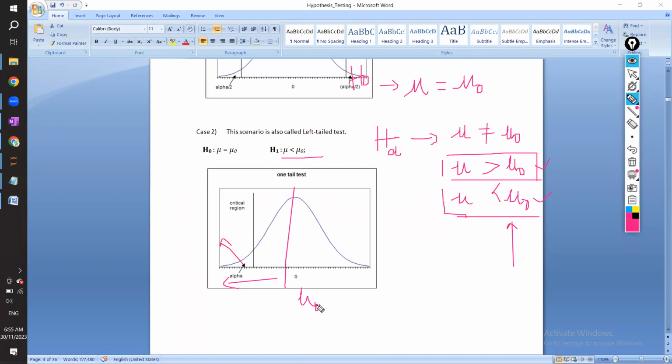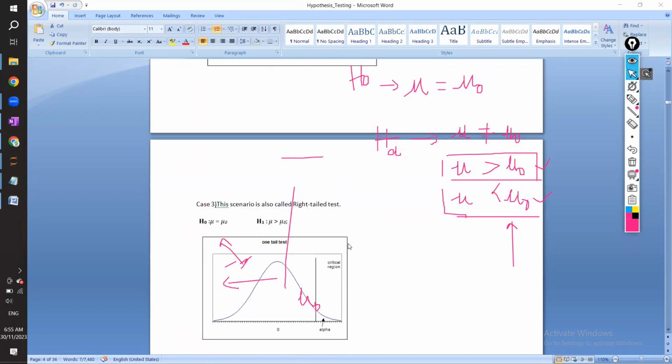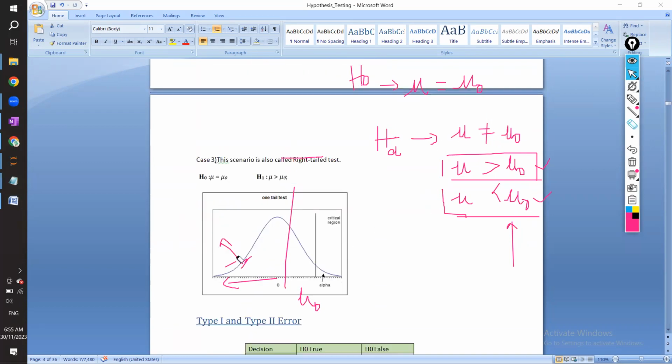This is the actual population mean after the training, whether it has decreased. So I'll just check this. Then the critical region will be to the left side. And if it is to the right side, then it is obviously called a right tail test. Here we'll check the greater than. So this will be the critical region.